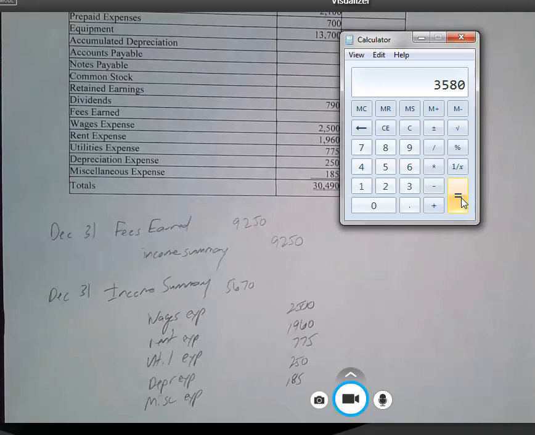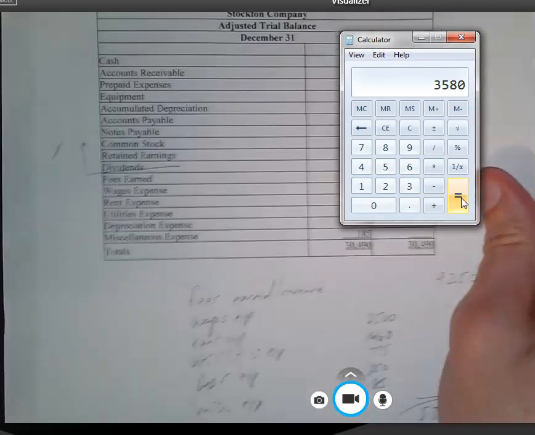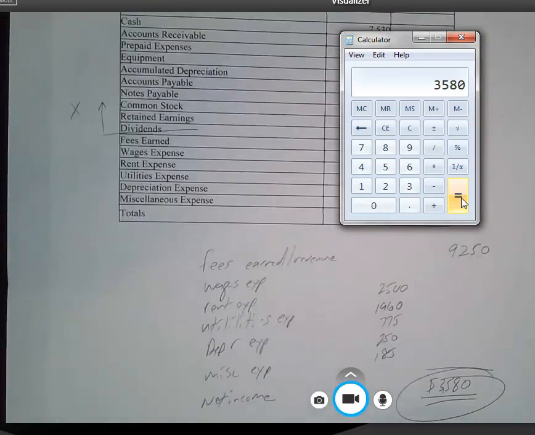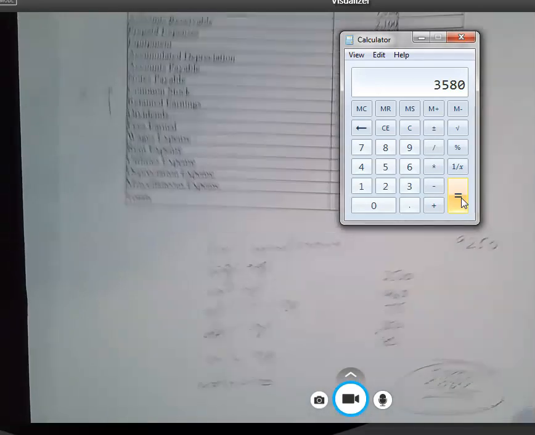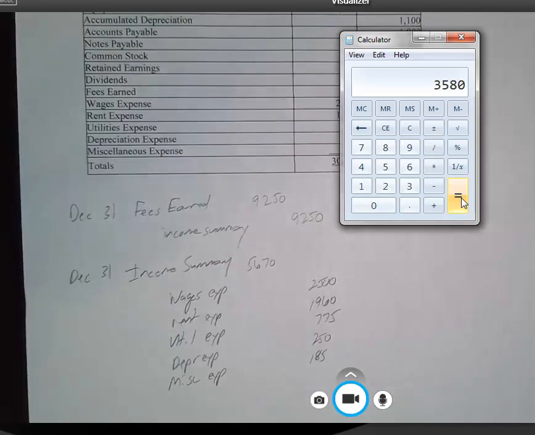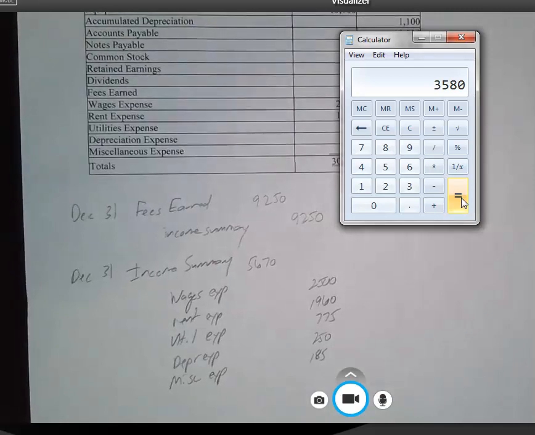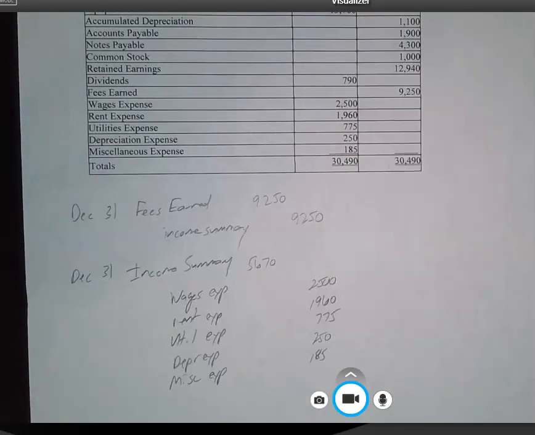And if you recall, that was our net income. Okay? So hopefully you can see how this all ties together. So 3580 is the difference between this 9250 credit and this 5670 debit.